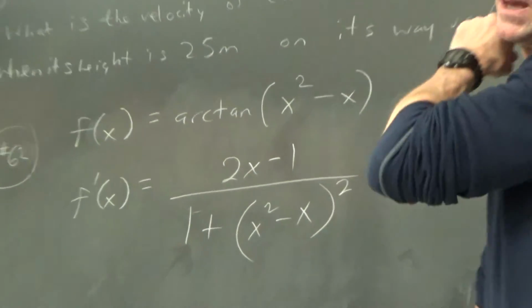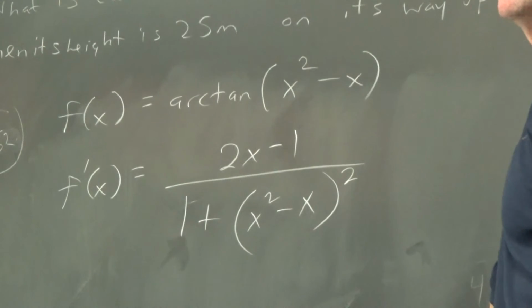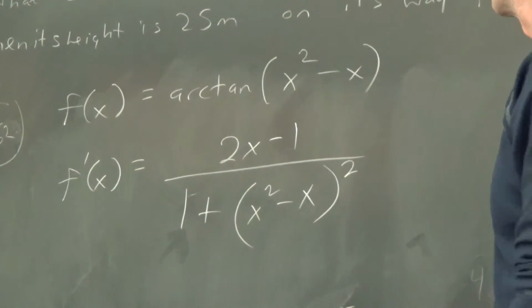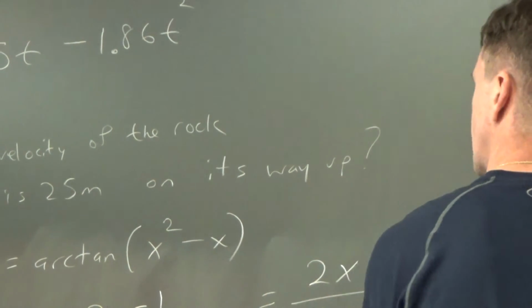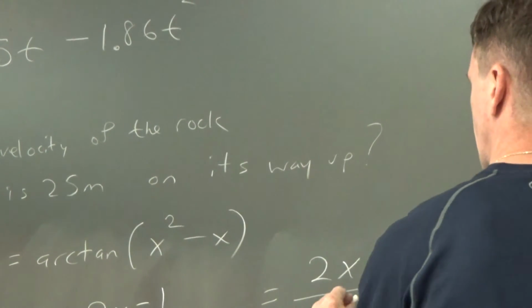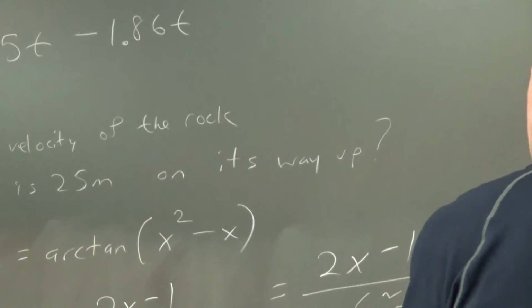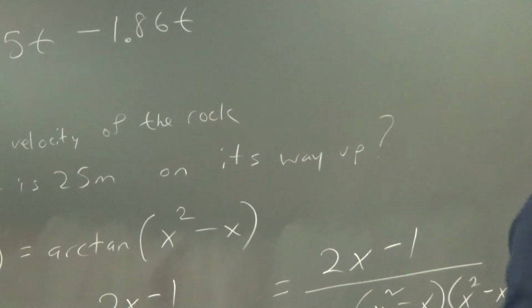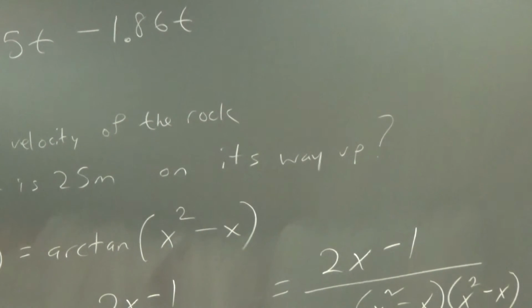And we're done. But is that the answer in the back of the book? No. So they did something with the bottom. All right, let's expand that. What's x squared minus x, squared? x to the power 4 minus 2x cubed plus x squared.